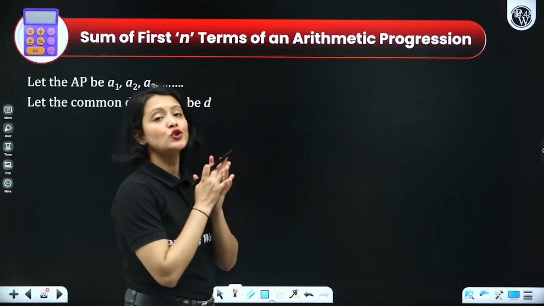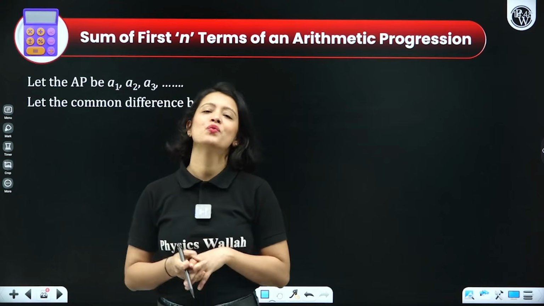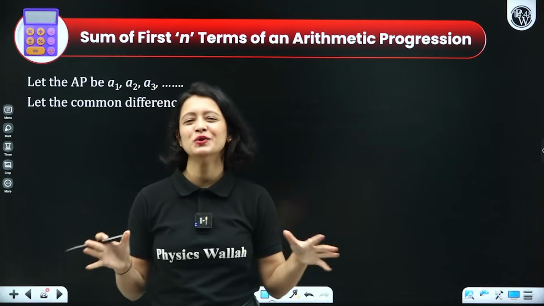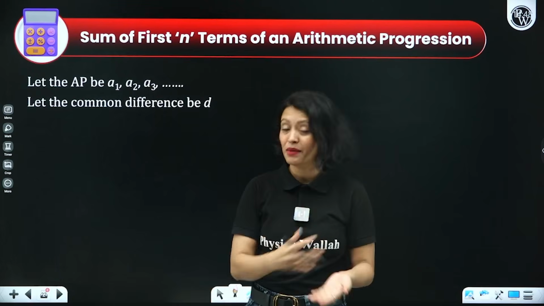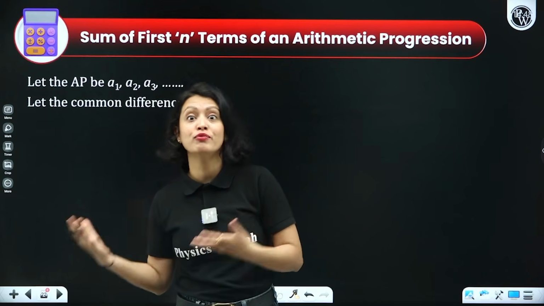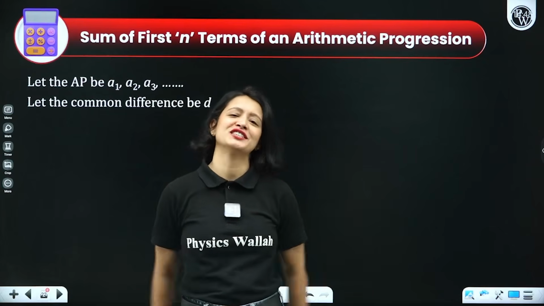Now we are going to talk about sum of n terms of an AP, but before that, we are going to listen to a story, because I know some of you might be feeling bored, it's a long session and lots of problems you have been doing. So let's relax, I'll tell you a very interesting story.